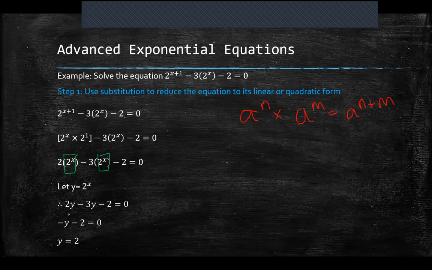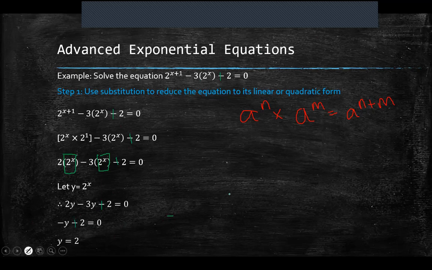2y minus 3y, that's going to give me minus y, minus 2. And then I solve for y. Hold on. This should be plus.